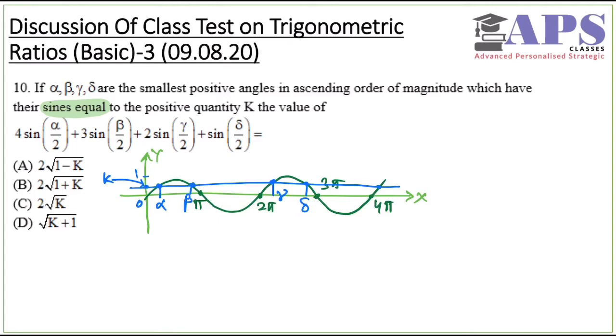And we also can see that beta is equal to pi minus alpha, gamma is equal to 2 pi plus alpha, and delta is equal to 3 pi minus alpha.